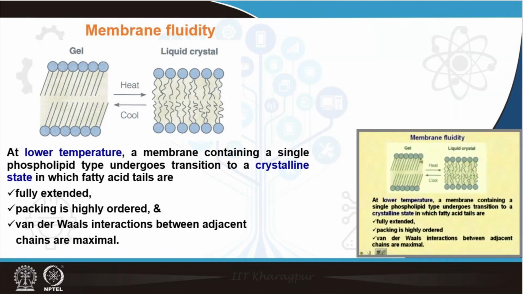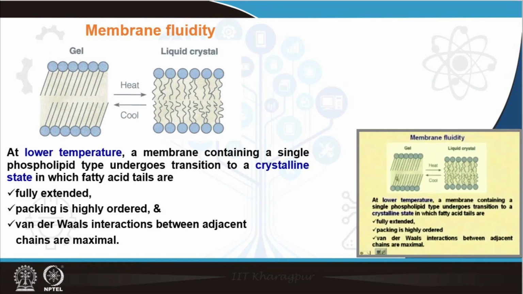And if we had a kink in the structure due to the presence of the cis double bonds, then this at some point would set into a specific form that would give, on heating, a transition that would result in a liquid crystal structure. So, at lower temperature, a membrane that contains a single phospholipid type would undergo a transition to a crystalline state.